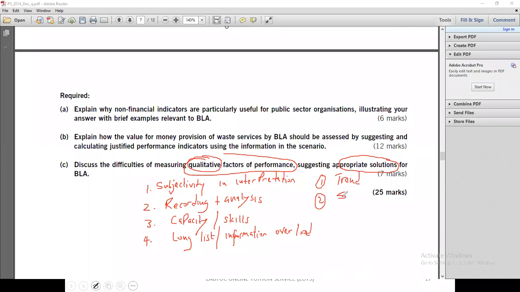Try scoring systems so that we convert the qualitative data into quantitative. Capacity building. You develop capacity in the organization.